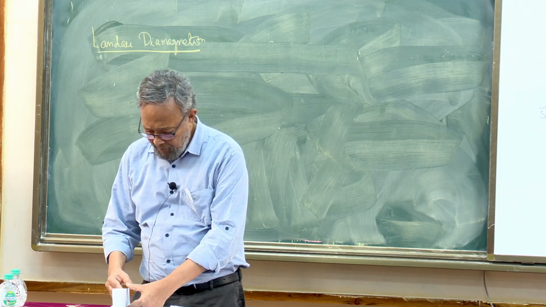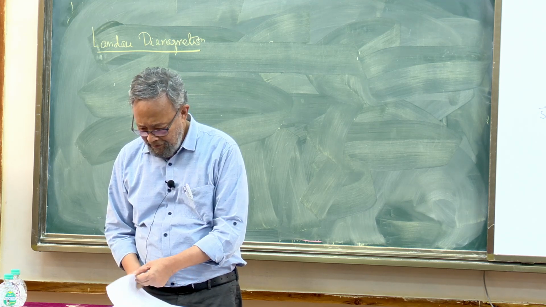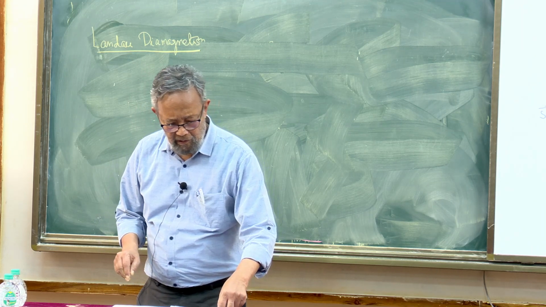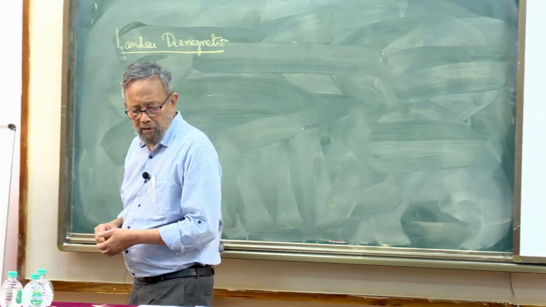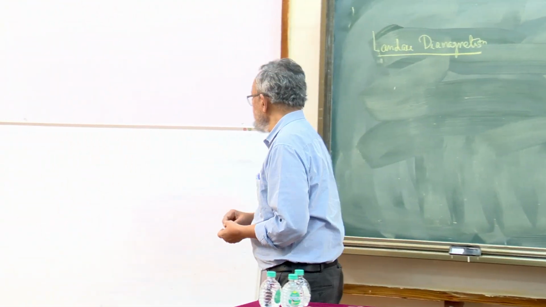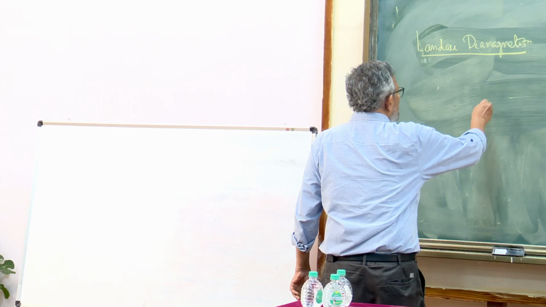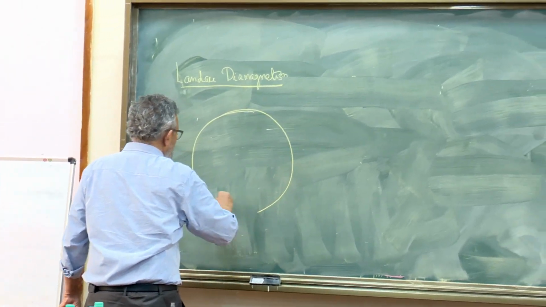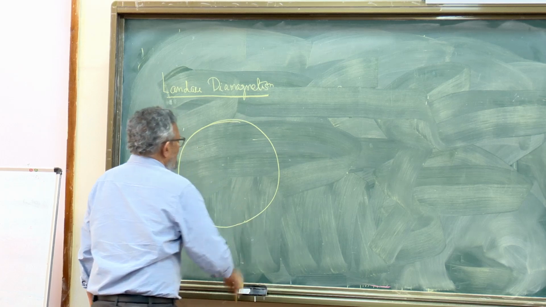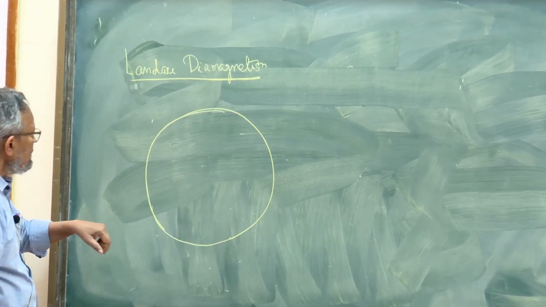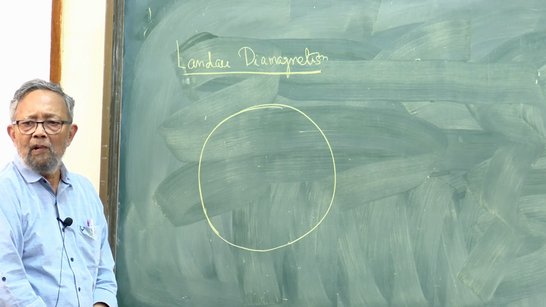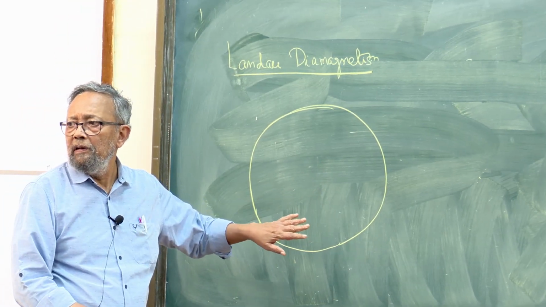First of all, there is a puzzle that bothers you when you first look at this kind of thing. Let's look at a situation where you have a circular, two-dimensional sample, and there are free electrons in it.